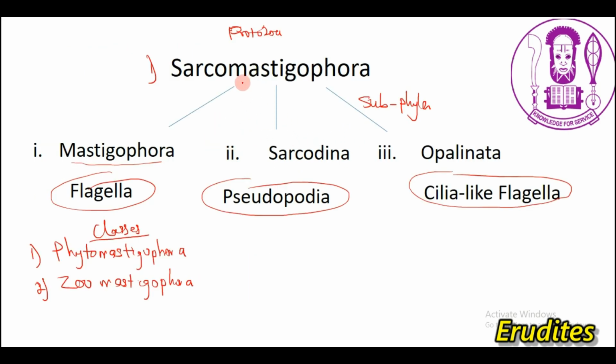The phylum Sarcomastigophora is divided into 3 subphyla: Mastigophora, Sarcodina, and Opalinata. This classification is based on what they use for their movement. Mastigophora move with the help of a flagella. Sarcodina move with the help of pseudopodia. Then the Opalinata move with the help of cilia-like flagella.